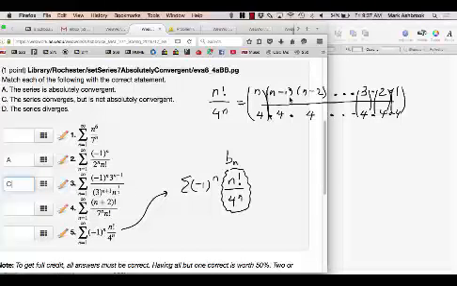As n increases by 1, we get one more factor, and that factor is greater than 1. So with each term of this sequence, we multiply the previous one by a number greater than 1. So we're basically divergent.